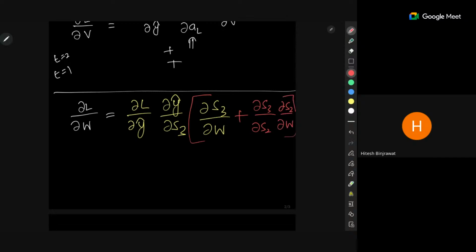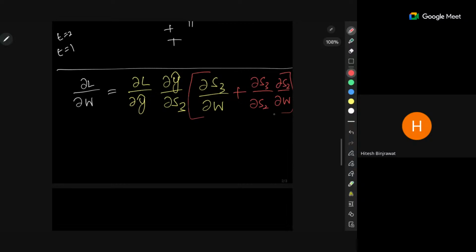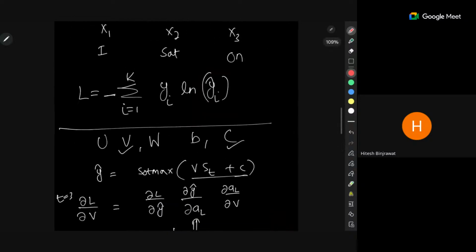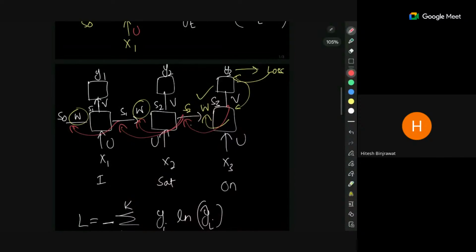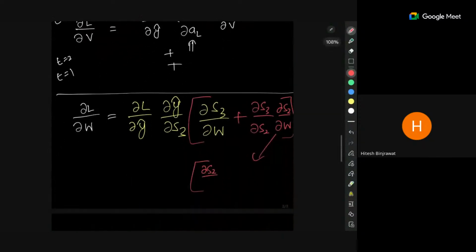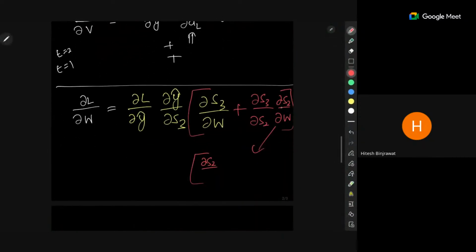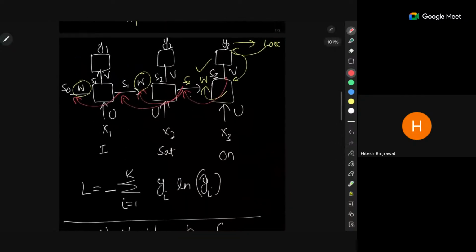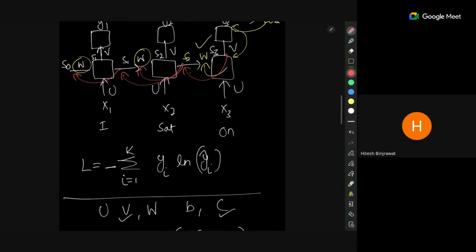So this part is another, with the partial of S3 with respect to S2. From S2 I reach W, and then the other side is S1.